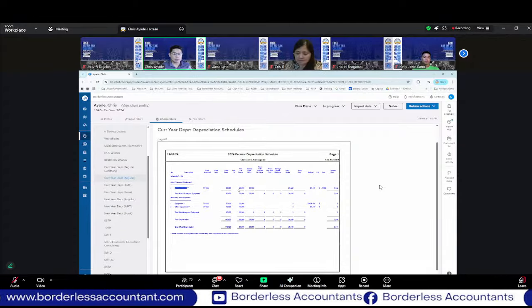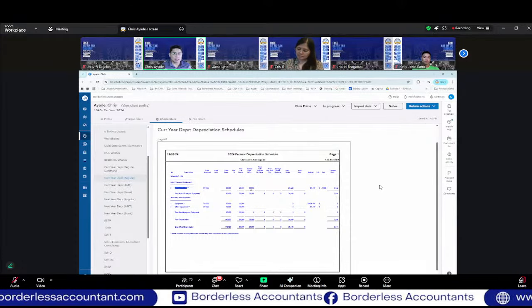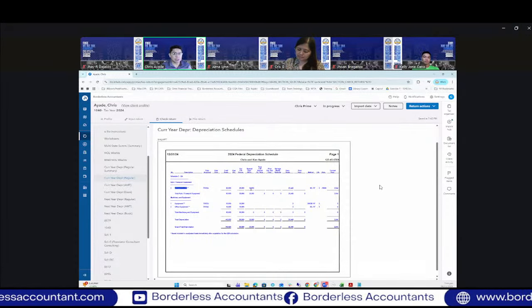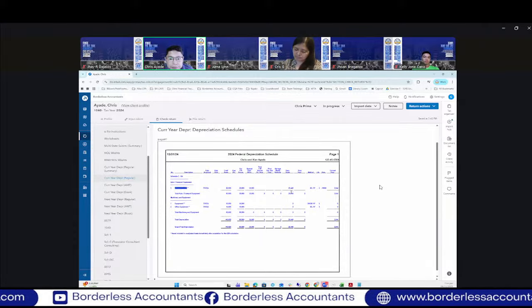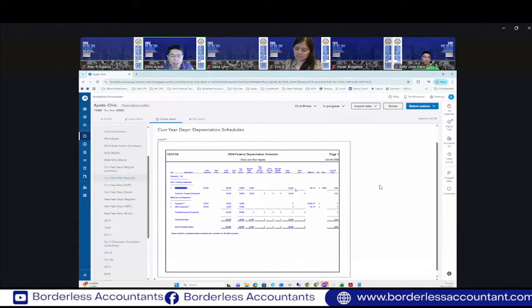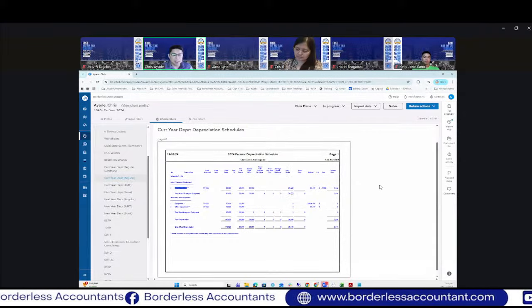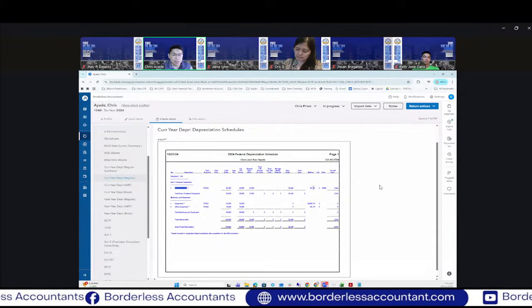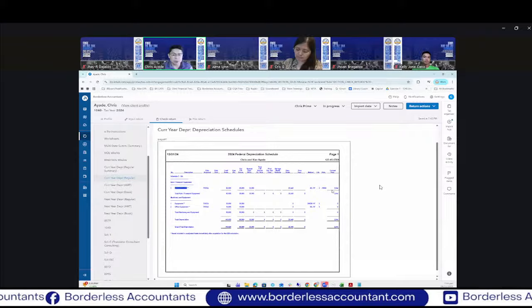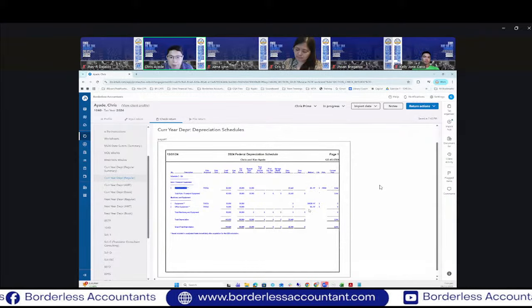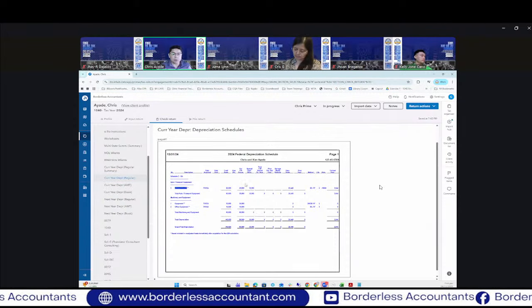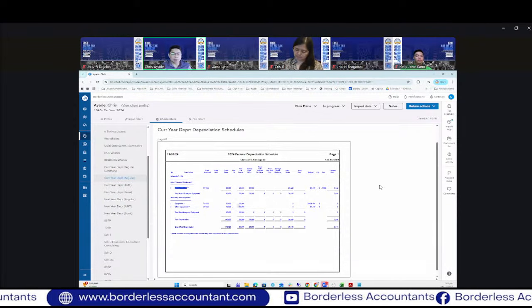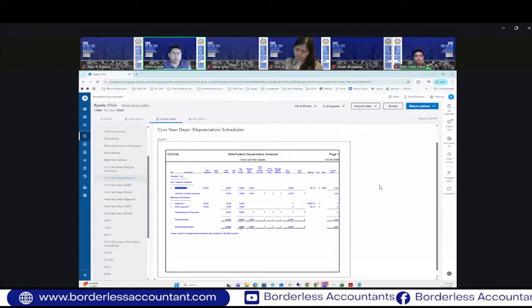So 80 minus 28 times 60%, that's your bonus depreciation. And then your current depreciation would be this 20,440, which is now the basis for your regular depreciation, divided by 5. So that's 2,044. And then the rest ay nag full Section 179. Right? So ganyan siya.